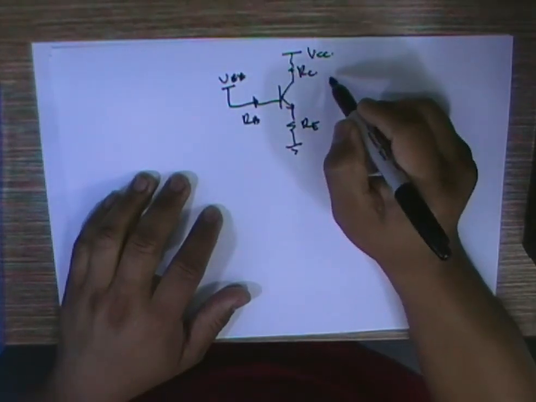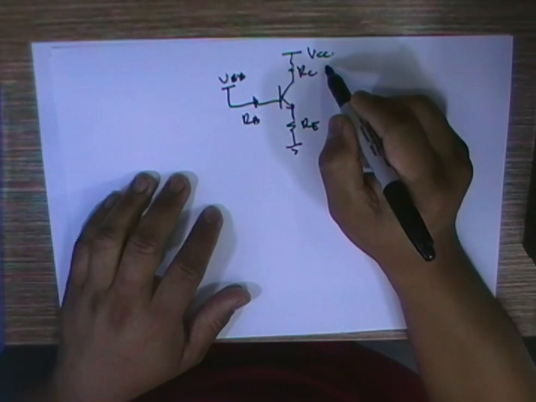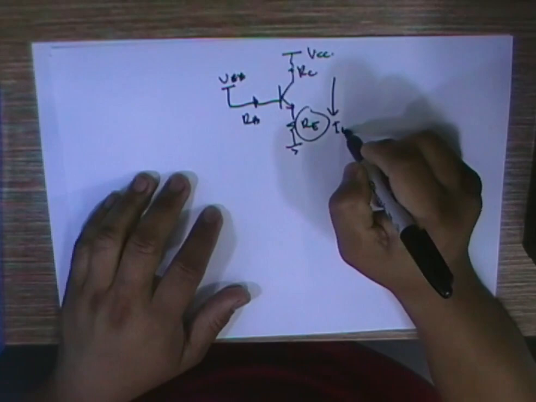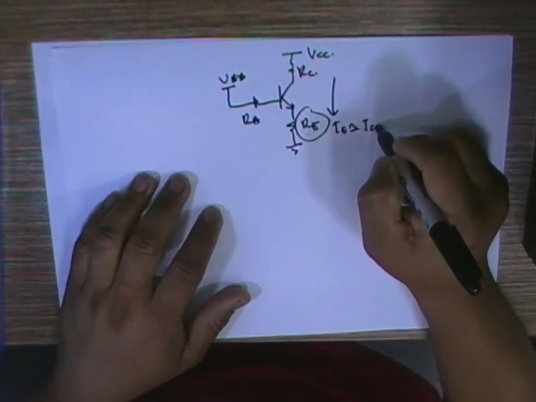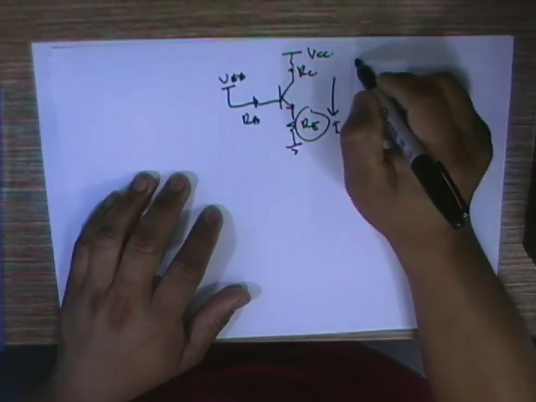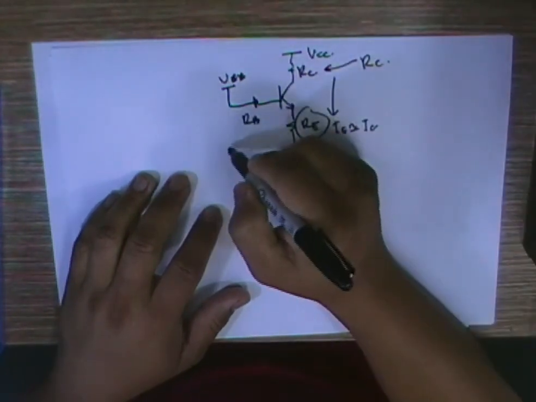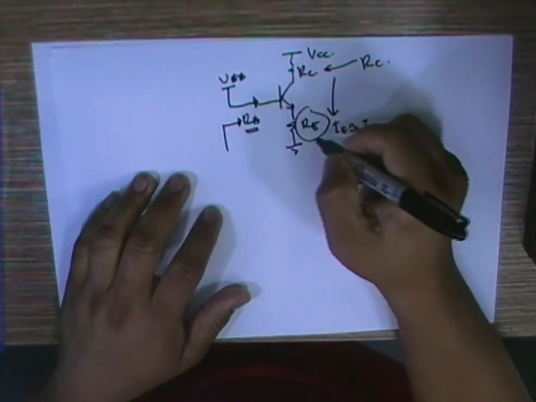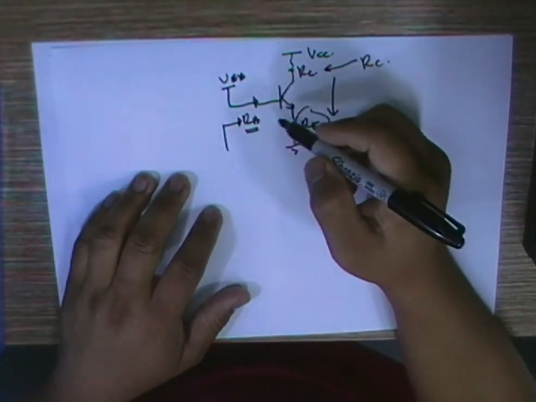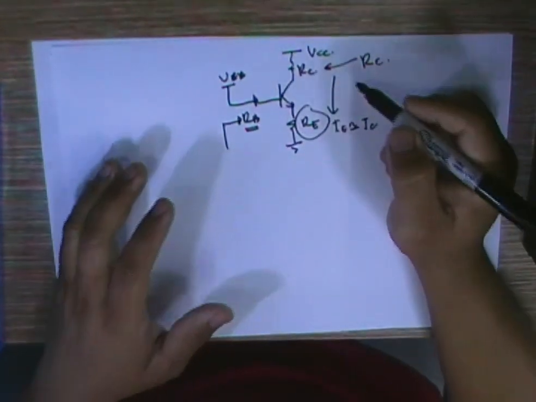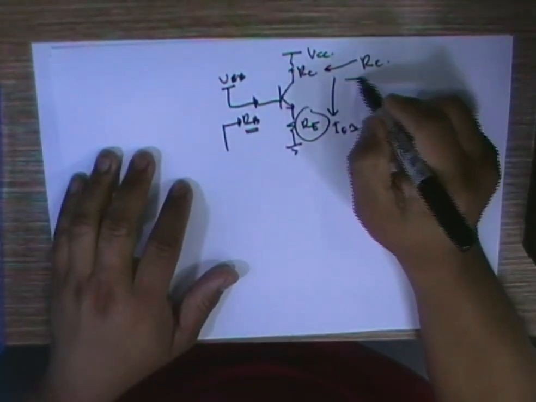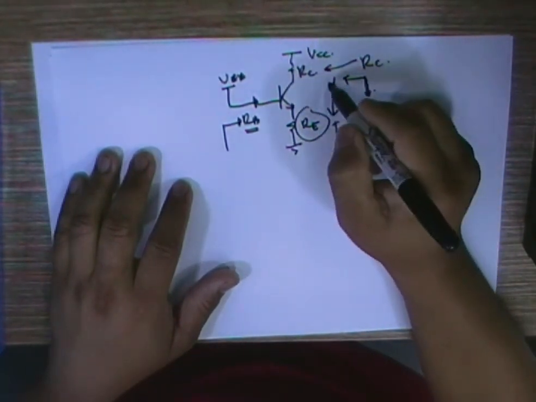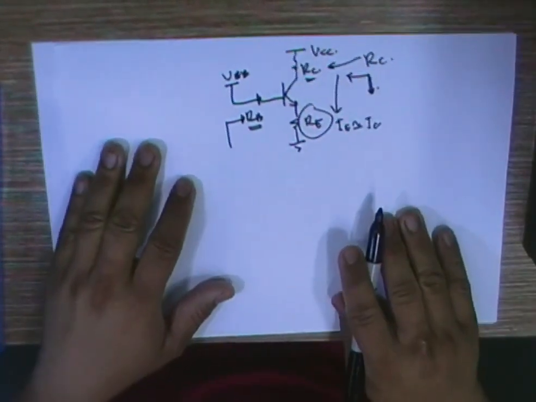The current that is needed for this amplifier is set by the RE, because IE is approximately equal to IC. The gain of the amplifier will be set by your RC. The input impedance for this amplifier will be set by your RB and the reflection of RE to the base. So this is basically what you need. And the output resistance is basically your RC.